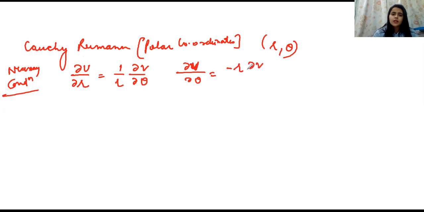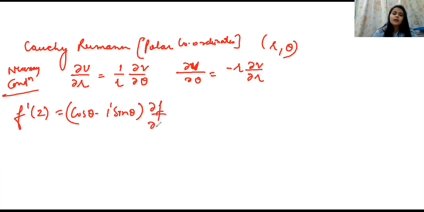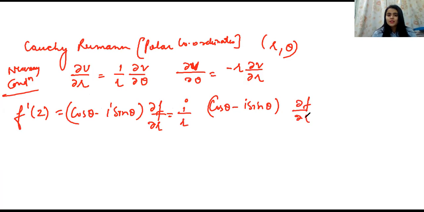Its derivative f dash z is equal to cos theta minus iota sin theta times curl f by curl r. Listen students, these are short tricks that you derive from the derivation; you just cram them. It will be helpful for solving questions. So it will also be equal to iota by r times cos theta minus iota sin theta times curl f by curl theta. These are your Cauchy-Riemann equations in polar coordinates. Clear?